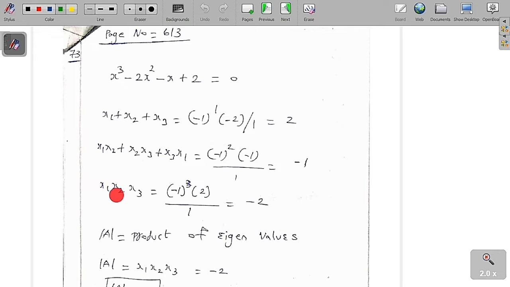These roots are called the eigenvalues. For a characteristic equation, the roots are nothing but eigenvalues. The product of eigenvalues is the determinant of the matrix. So the determinant of the matrix is equal to the product of the eigenvalues, which is minus 2. So x1 into x2 into x3 is equal to minus 2.